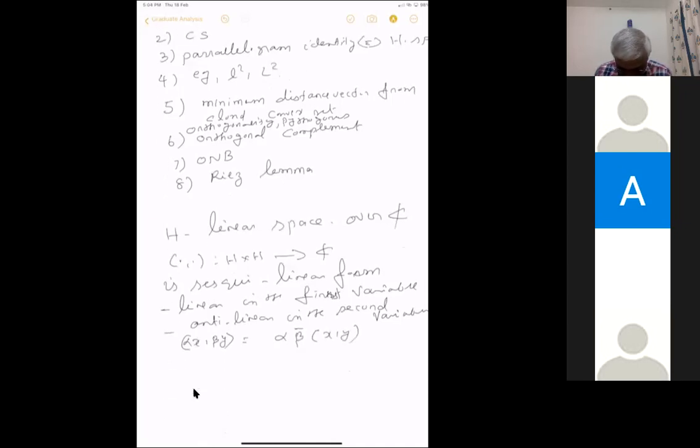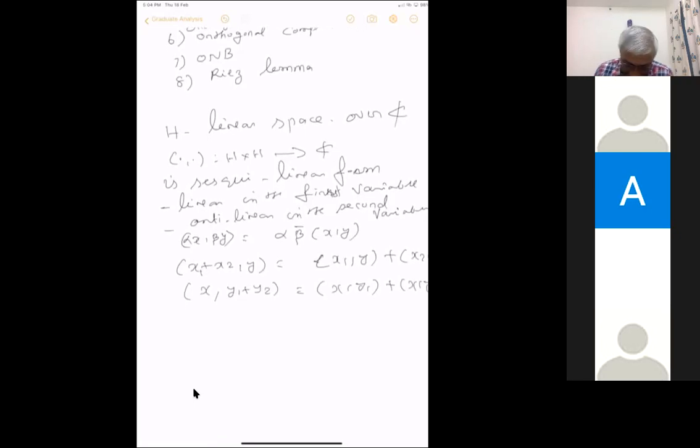Of course, (x1 + x2, y) equals (x1, y) + (x2, y). Similarly, (x, y1 + y2) is (x, y1) + (x, y2). So sums you can take out, and the only difference is that from the second variable you take out a complex scalar with a bar. It's conjugate, so it's antilinear, or conjugate linear.